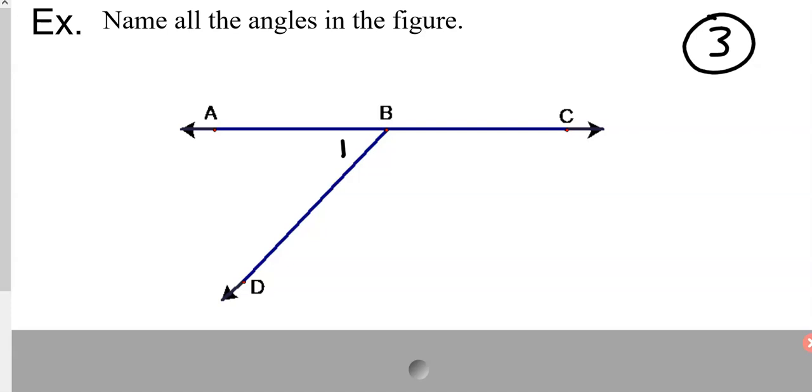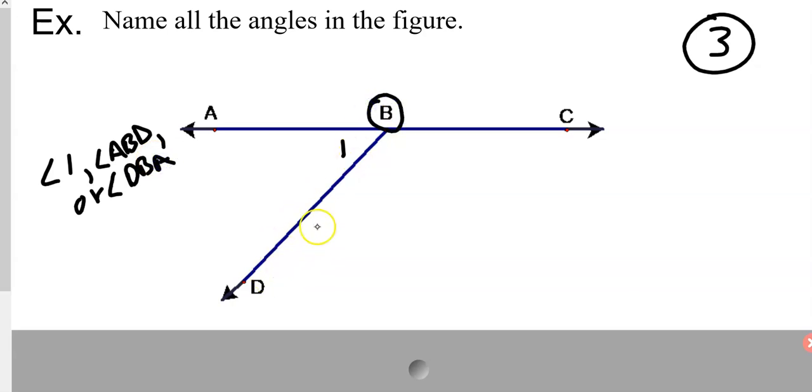I can mark that as angle 1, or I could have done angle ABD, or angle DBA. B is the vertex here, so I could have named it in either direction. B just has to be in the middle.